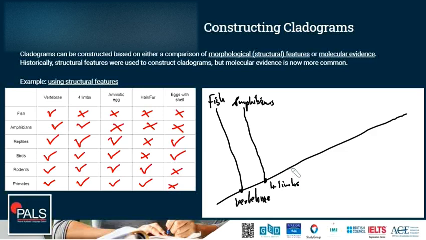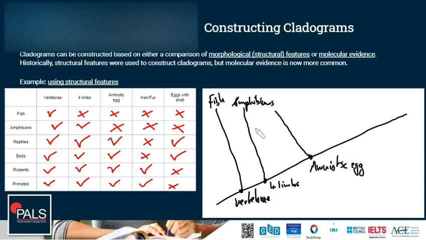And our next is the amniotic egg. Who has amniotic eggs? All four remaining. So they all belong to that clade.